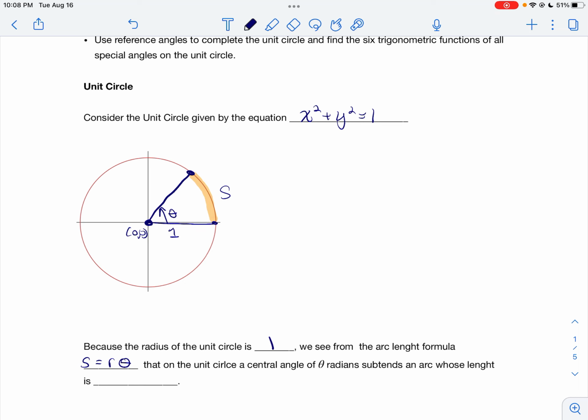And since R in this case is 1, S is equal to 1 times theta, so S is theta. So on the unit circle, the central angle theta radians subtends an arc whose length is also theta. So this distance here that's highlighted in orange is the same length as theta in radians. That's kind of cool that happens in the unit circle. And because of that, some cool things can happen.